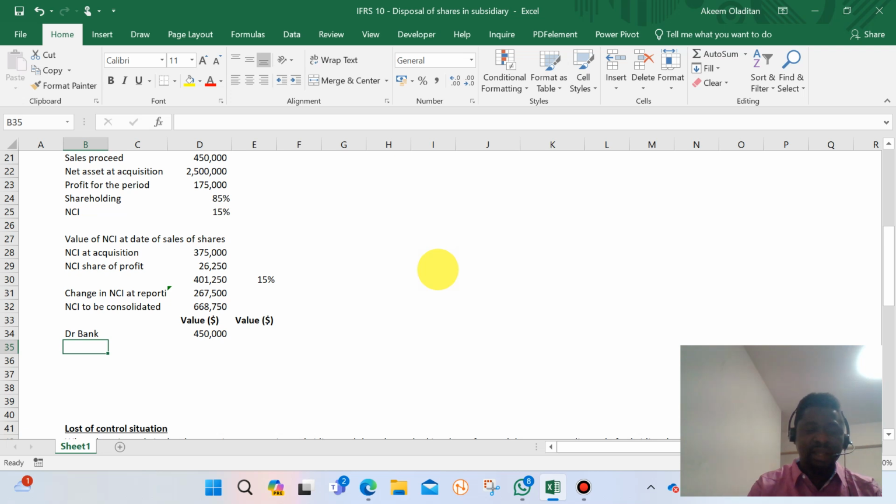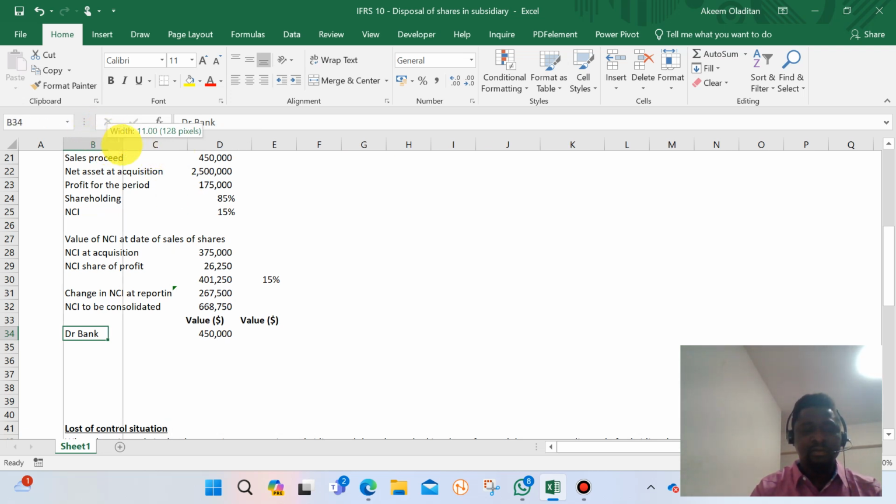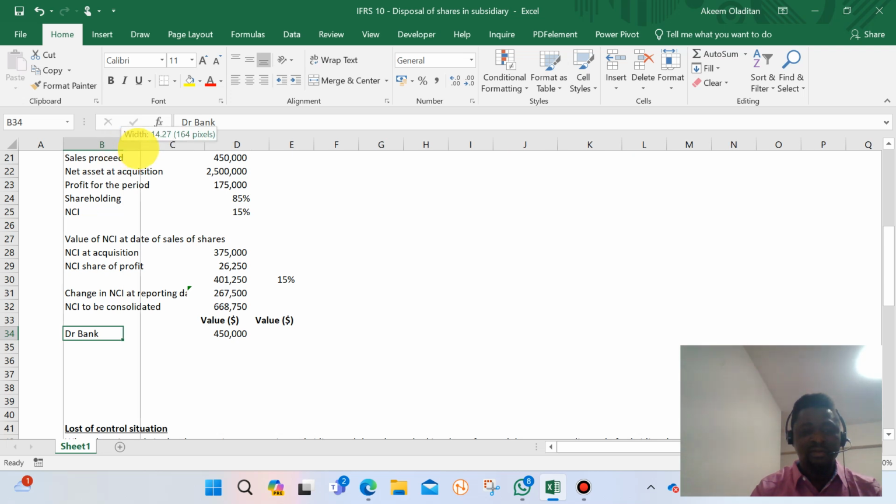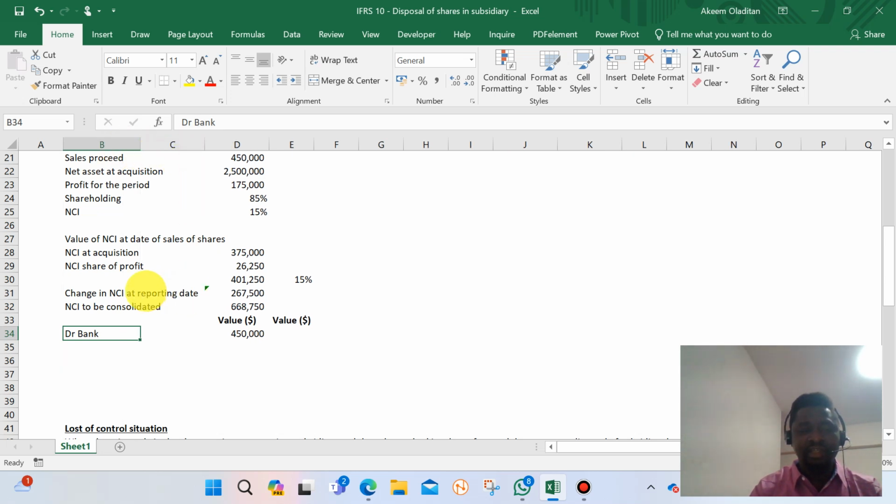So we now say that, because here we said the change in NCI at reporting date. So the change in NCI at reporting date is this. This is the value that has gone over to the NCI, that has increased the NCI. So that value is what we now credit.